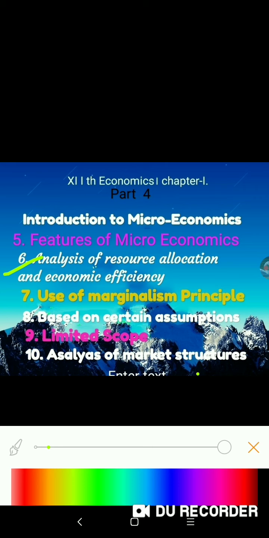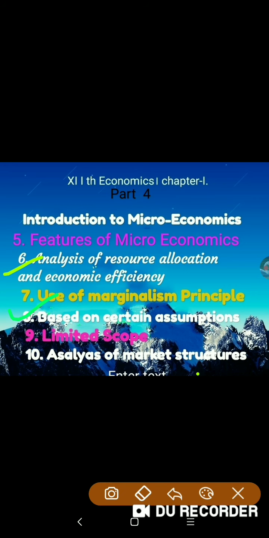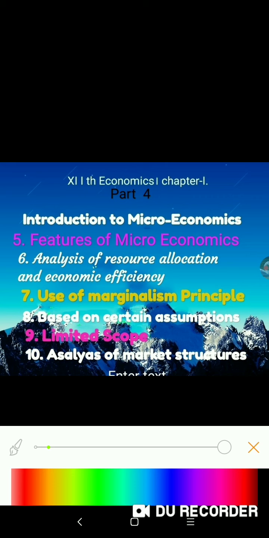Seventh point, use of marginalism principle. Microeconomics uses the marginalism principle as a tool of analysis.